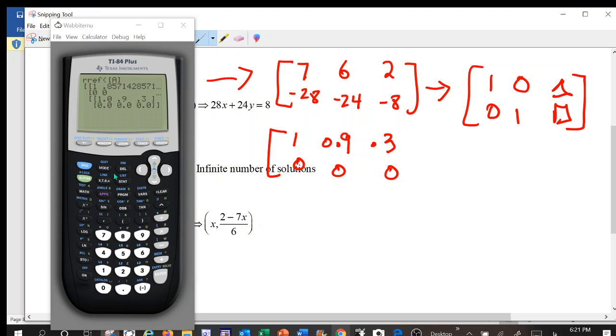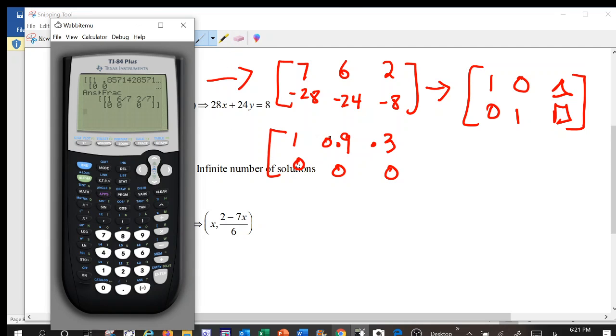Now we can convert, instead of the mode, let me change my mind. I'm going to go to float again. That means many decimal places. And I'm going to do this again, press enter. Now what I'm going to do, I'm going to convert it to fraction. So I get it in terms of fractions, which is better.